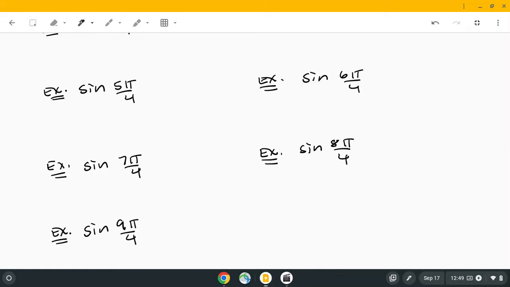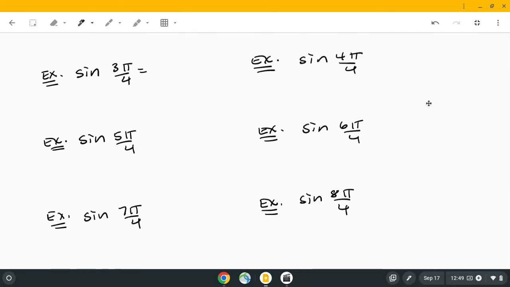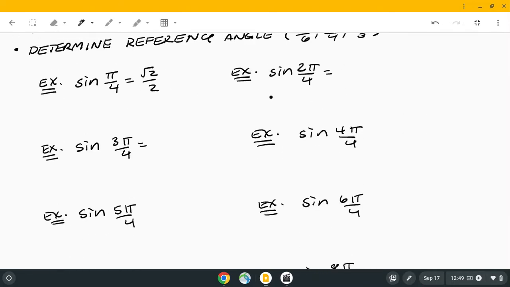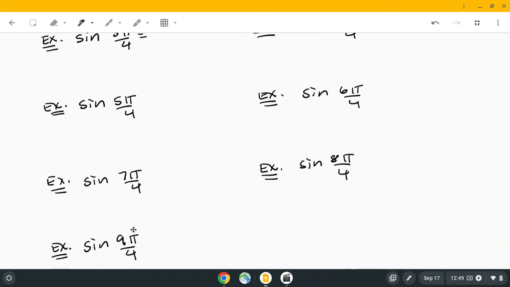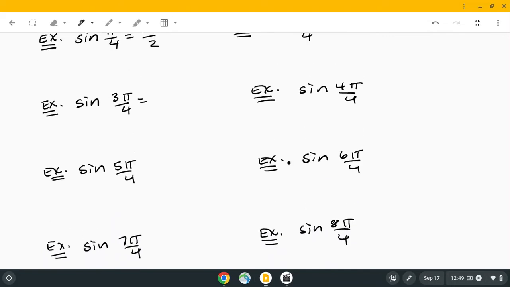So we're going to take a look at all of these: 1/4, 2/4, 3/4, 4/4, 5/4, 6/4, 7/4, 8/4, and we'll stop at 9/4.